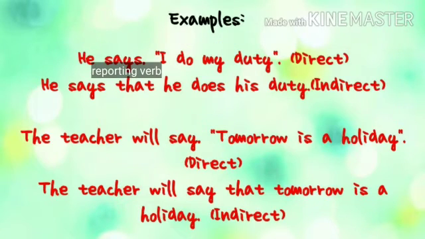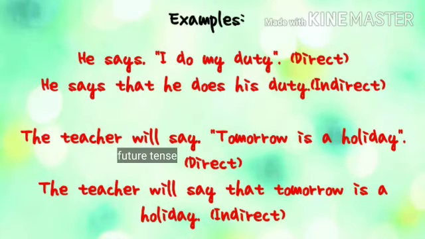Look at these examples. Here in the first sentence, the reporting verb is in the present tense, and in the second sentence, the reporting verb is in the future tense. Tense is not changed in both the sentences in the reported speech.